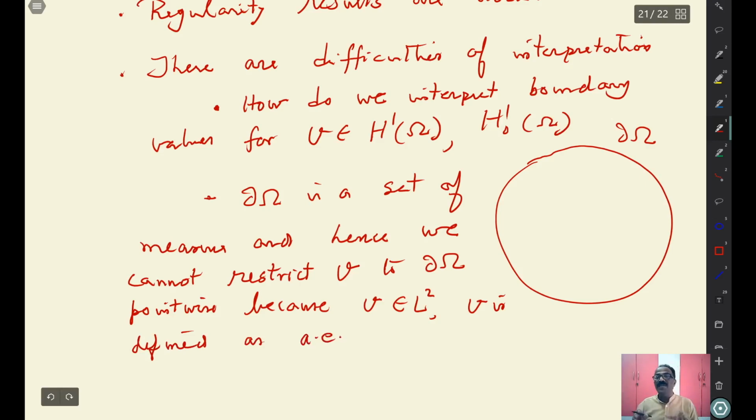So there is no meaning to the boundary values as such right now.